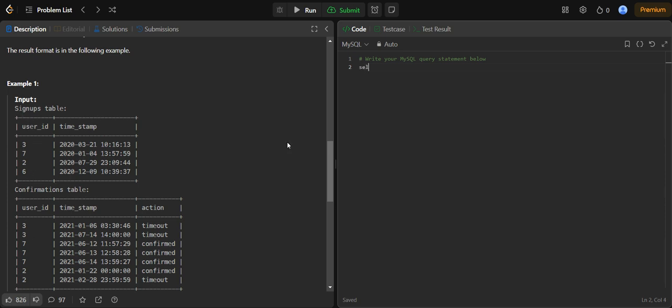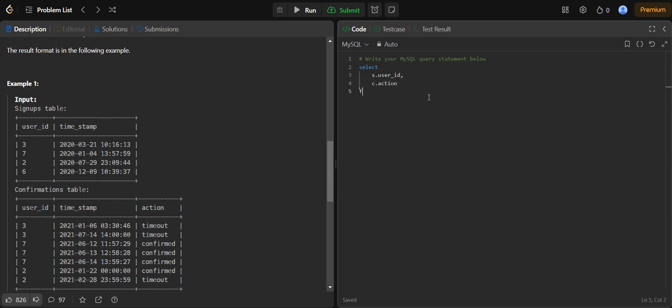Select the user ID, that is s.user ID. And I am taking the action part also. So from the C table, I am taking the action just to show you something.